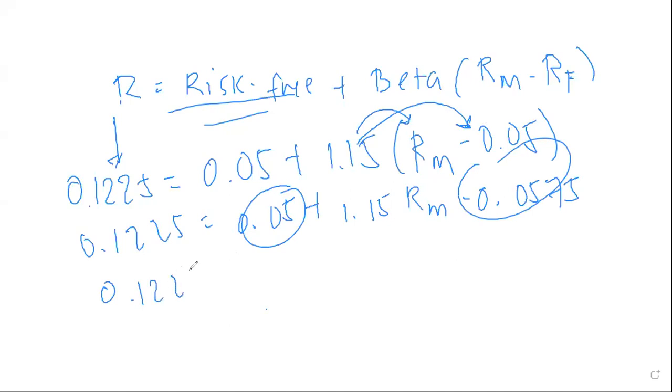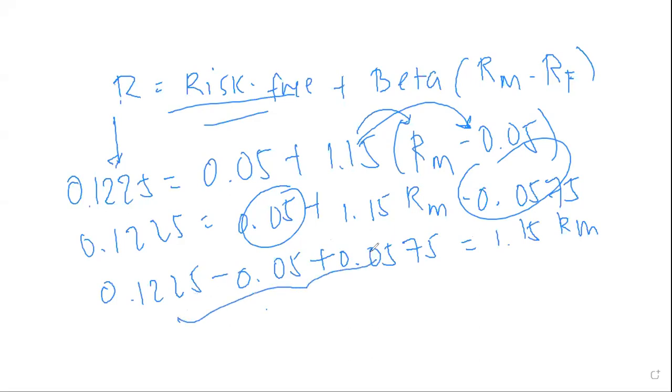So this is 12.25, then this becomes negative. This one becomes positive. So, let's compute these three: 0.1225 minus 0.05 plus 0.0575. 0.13 is equal to 1.15 RM.